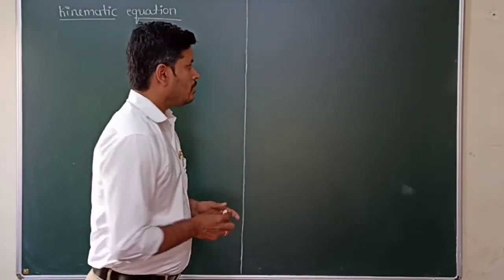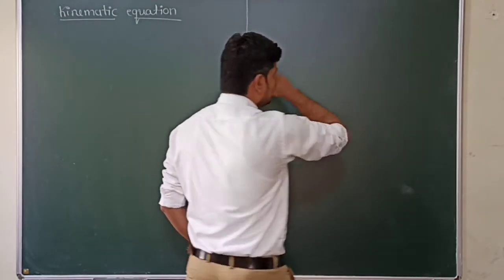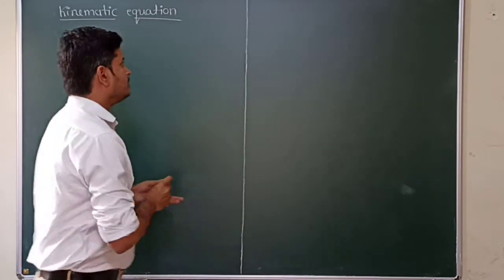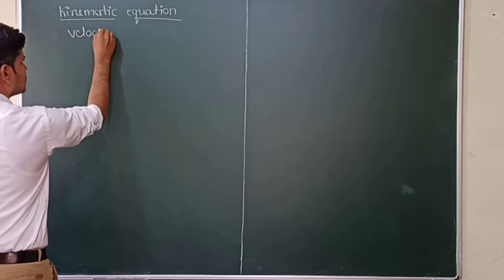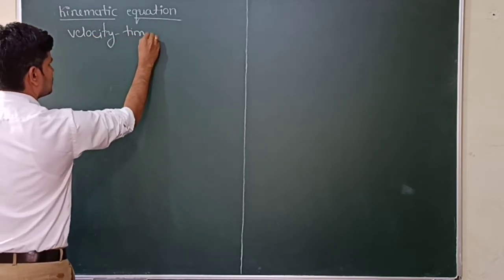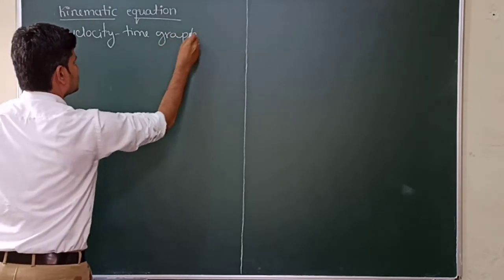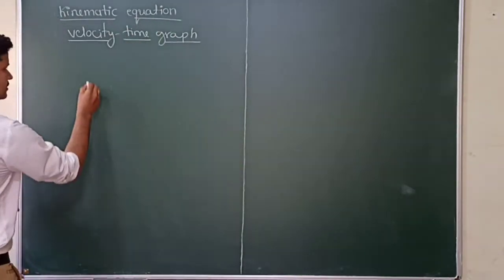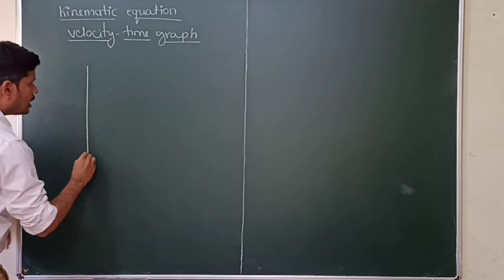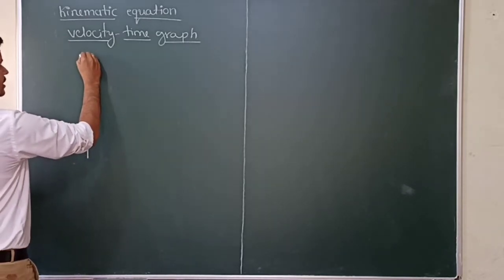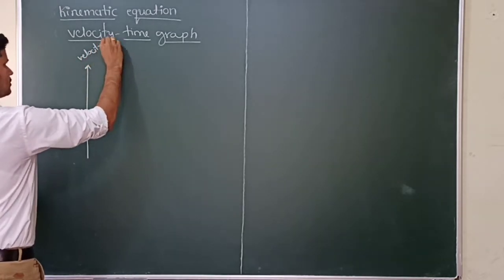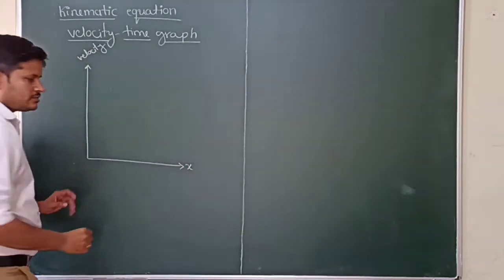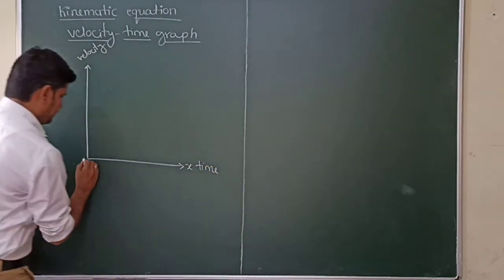Now let us consider a VT graph, and these derivations are derived on the basis of the velocity-time graph. In that velocity-time graph, along the y-axis we are choosing the velocity, and along the x-axis we are choosing the time.